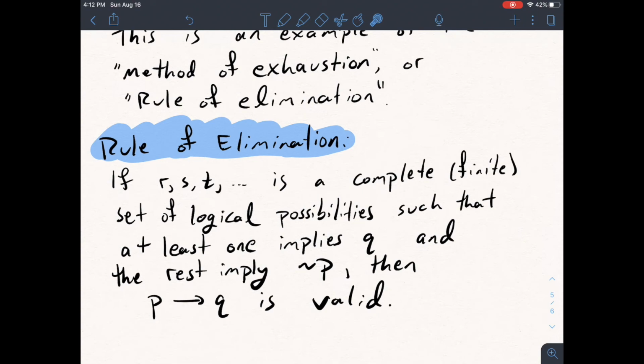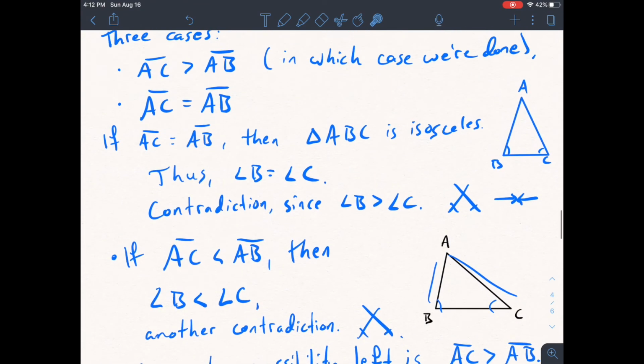So for us, what we did was we said that our complete set of logical possibilities was that those side lengths are equal, or one is bigger, or one is smaller. And then two of them implied that our original statement was false, right?